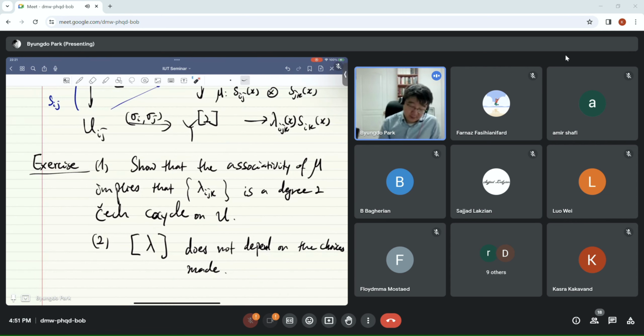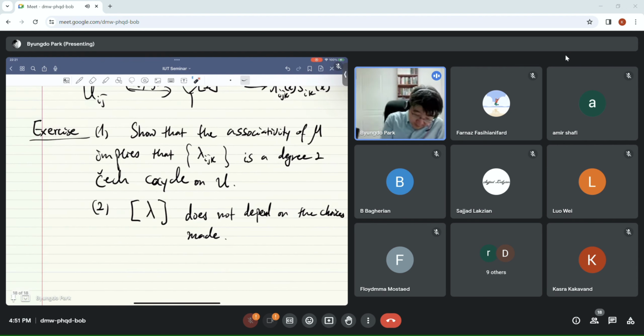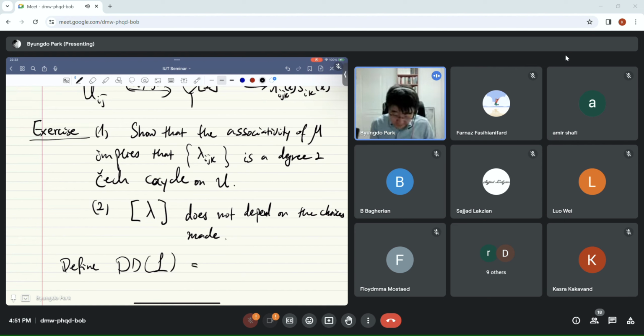But if you look at this Čech cohomology class, it's independent of the choices that you make. So then we may define this DD of L, the Dixmier-Douady class of L, to be this degree 2 Čech cocycle valued in S1, i.e. this is a degree 3 integral cohomology class.